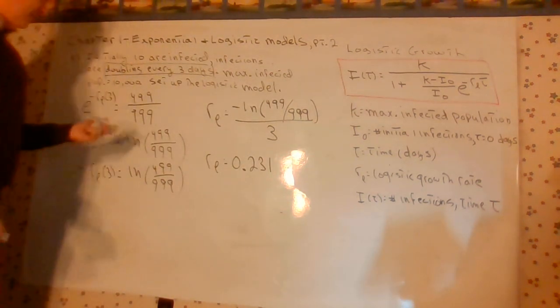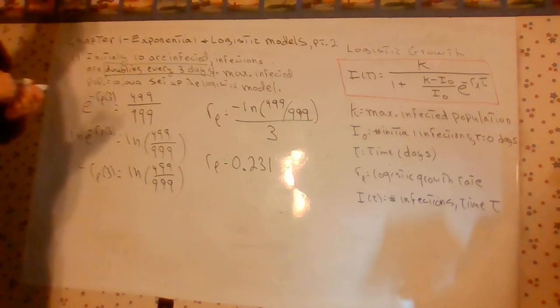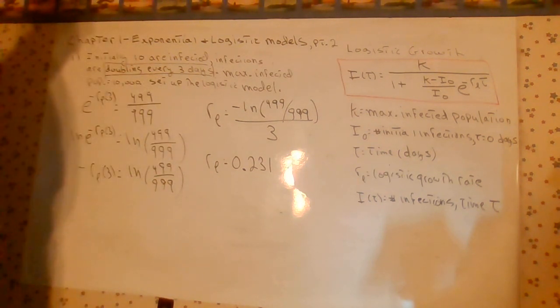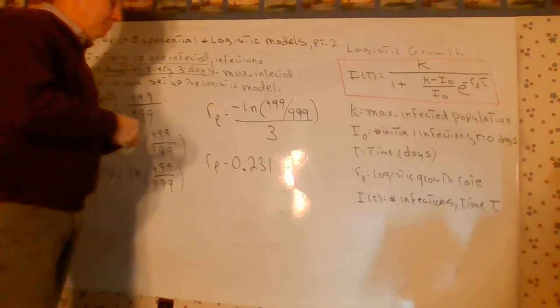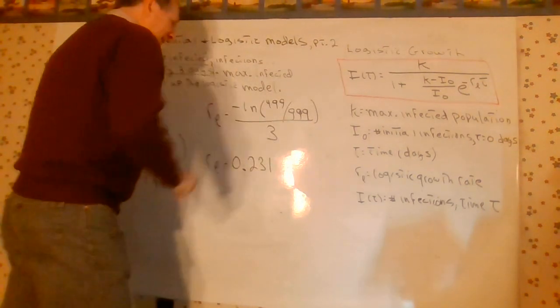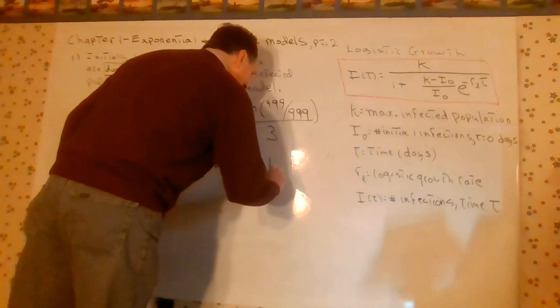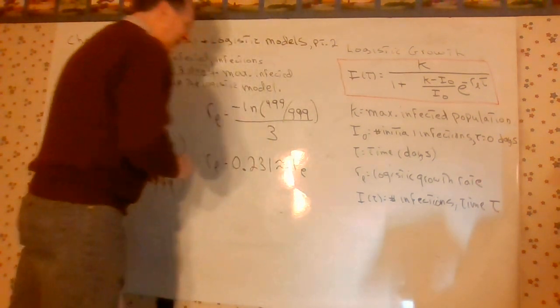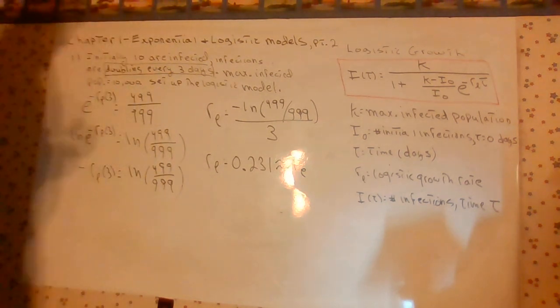This, it turns out, under certain conditions is identical, or close, to the exponential growth rate. In one of the later chapters, we'll look at under what conditions this is true.